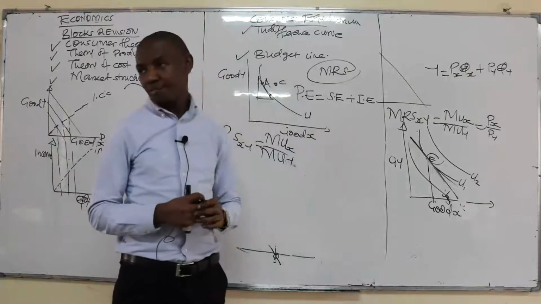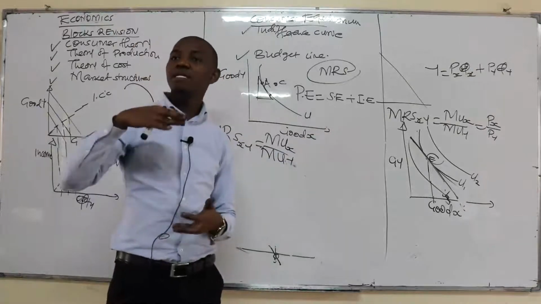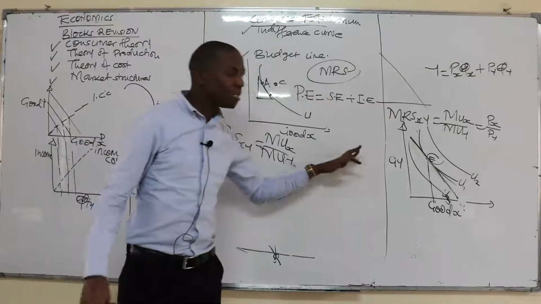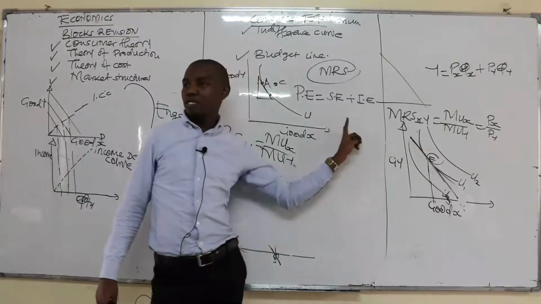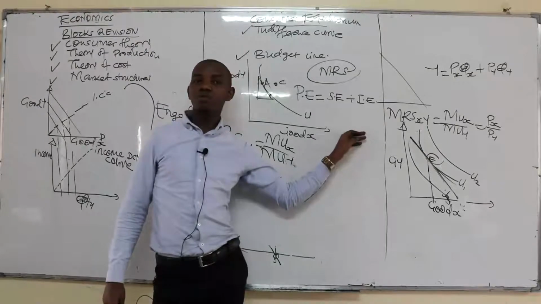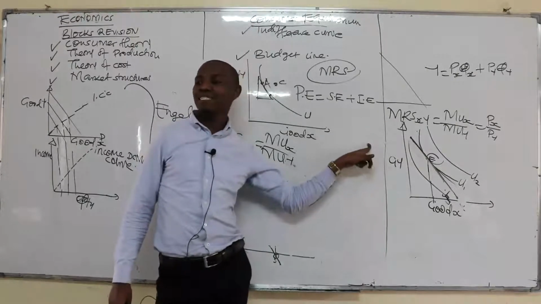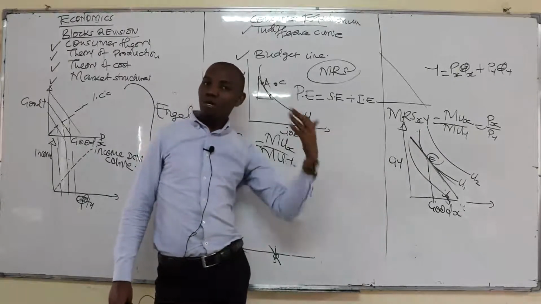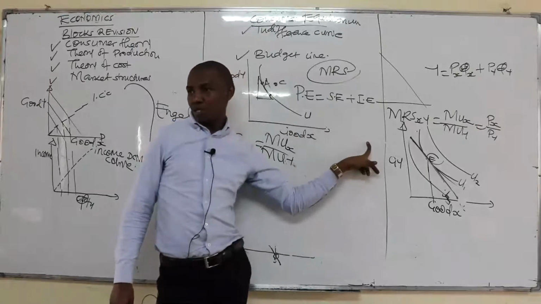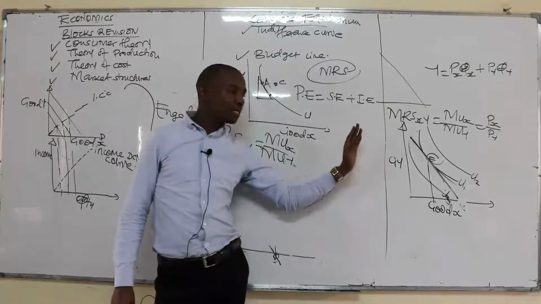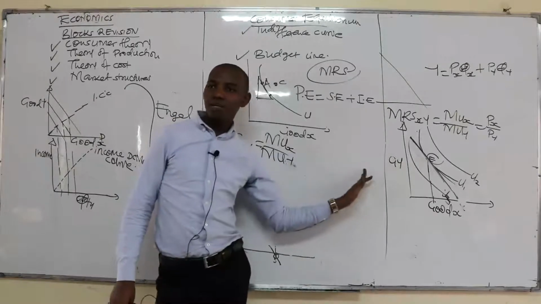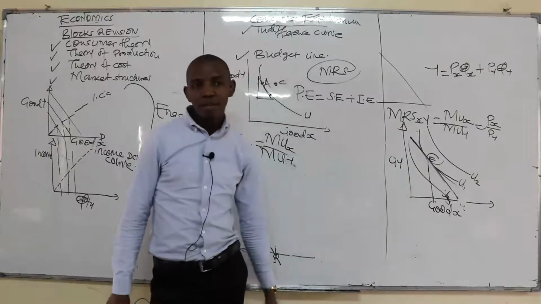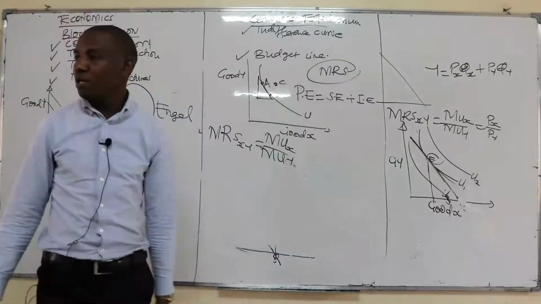For example, if the government wants to increase locally manufactured goods, they increase the taxes on imports, which means they are making the imports more expensive. So people will have to rely on the locally manufactured goods.